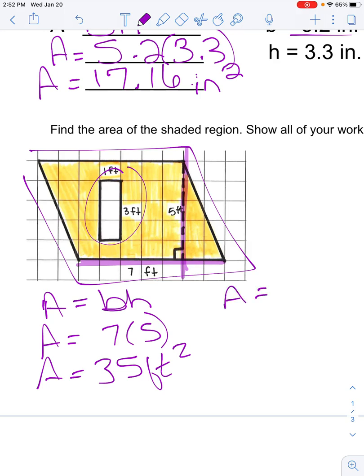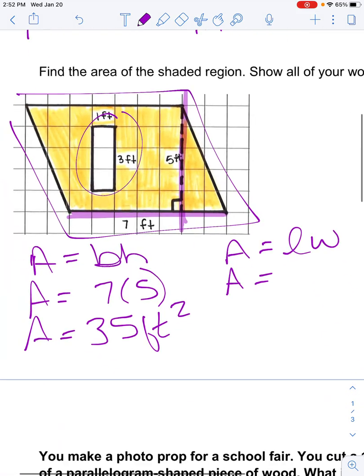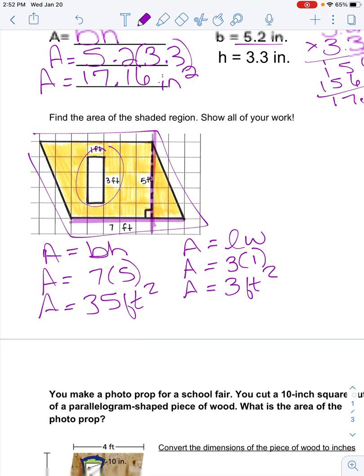Step 2, that's a rectangle. Area of a rectangle is length times width. Looking at just this rectangle, 3 is the length, 1 is the width. The area of that rectangle inside is 3 feet squared.